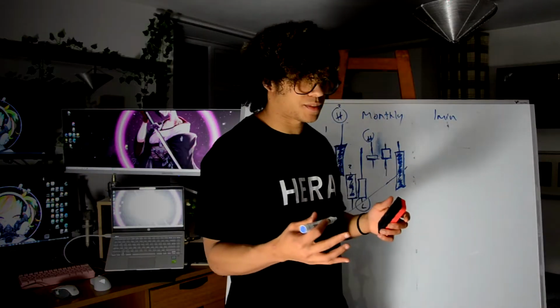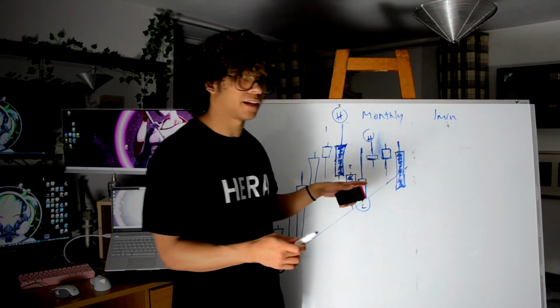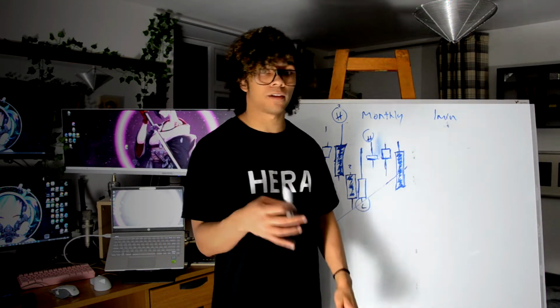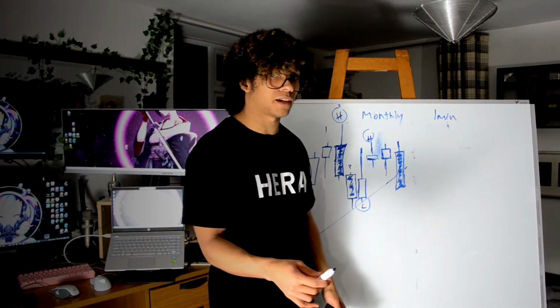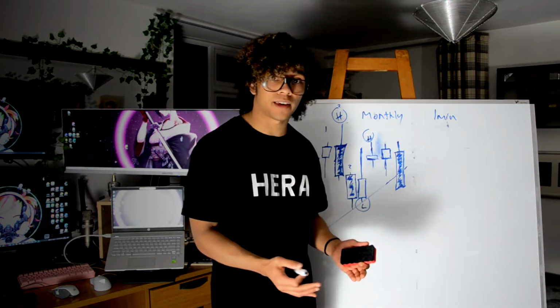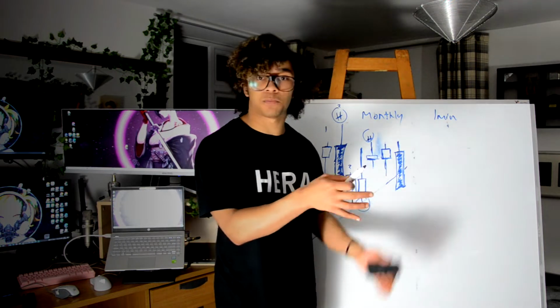A validation on the monthly is going to be way stronger than a validation on a minute chart. The reason is, on a minute chart there is less data, less context. There's not really much to go on other than that specific time frame.